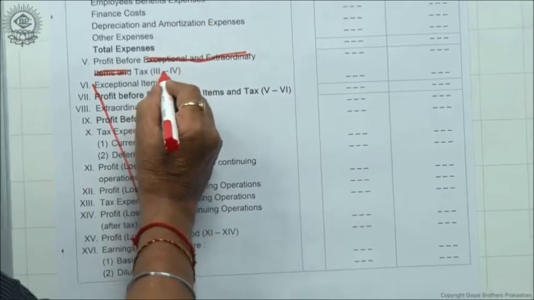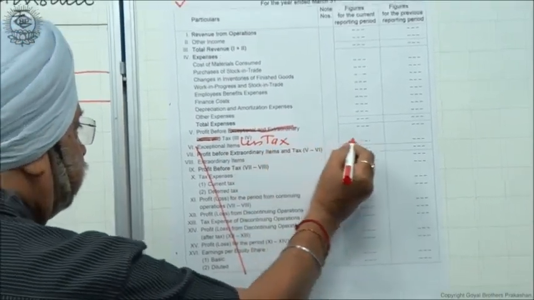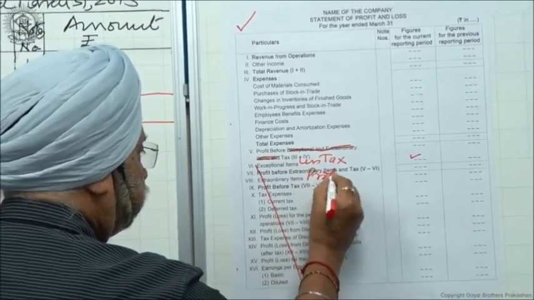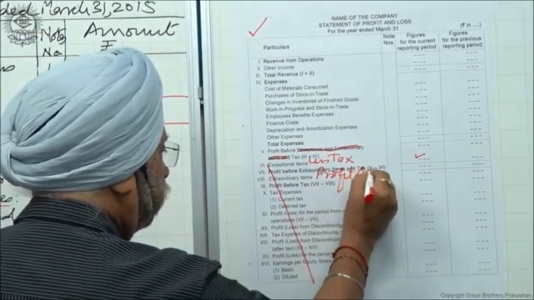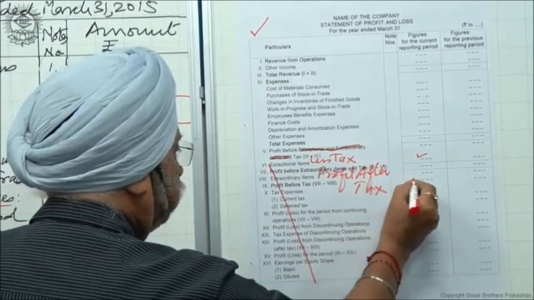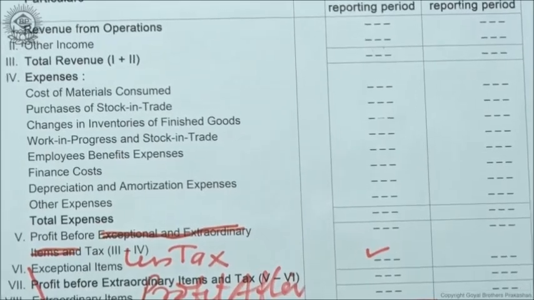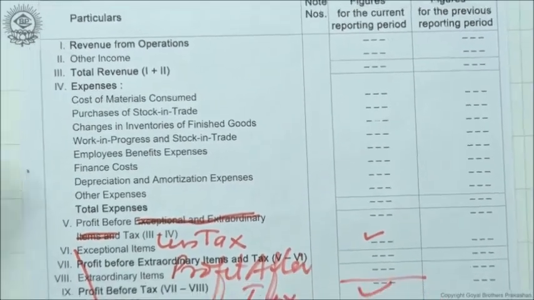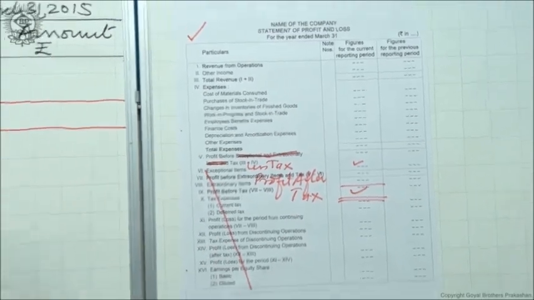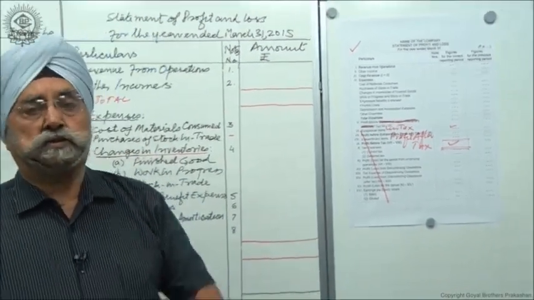This is profit before tax. We will deduct tax here. Then we will get profit after tax. So we will write the profit after tax. Now this is an introduction to the statement of profit and loss account as it is given in the Companies Act 2013, Schedule 3.